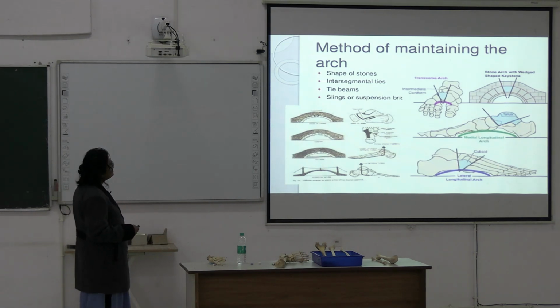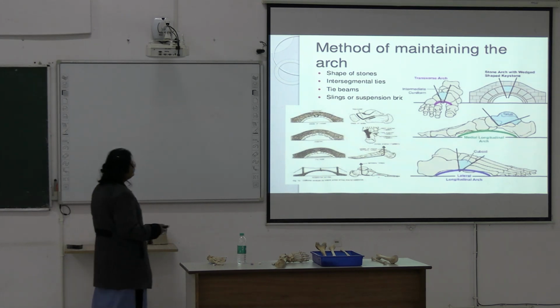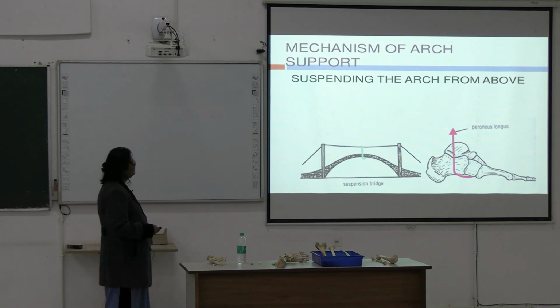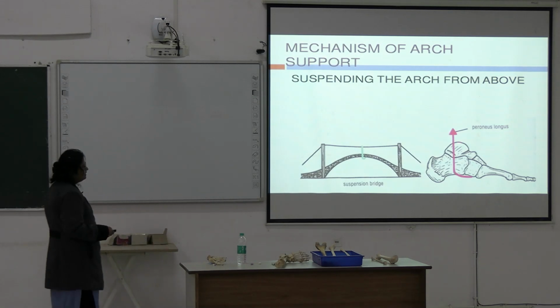There are tie beams connecting the two ends of the arch, formed by the tendons of the muscle. And there are slings or suspension bridge, these structures pulling the bridge from upward. This is also formed by the tendons of the muscle, slings. Next, see here, this is the lateral arch.